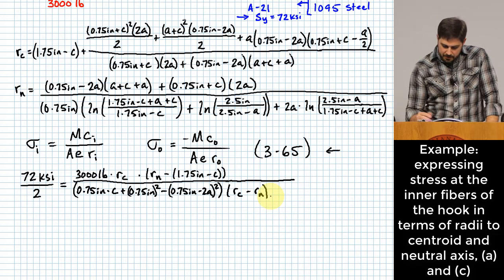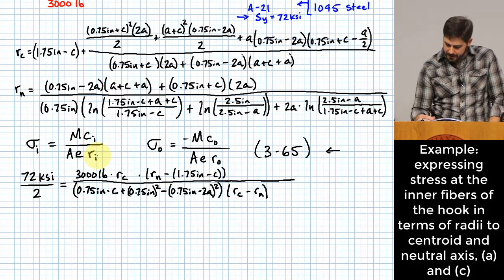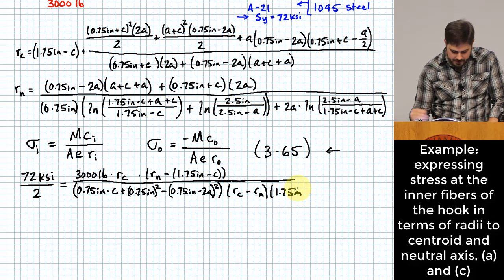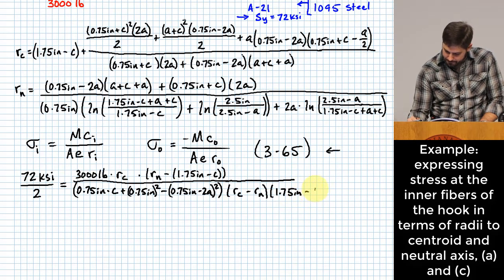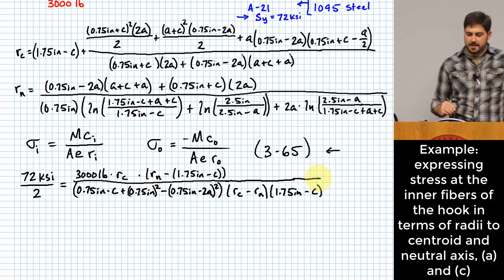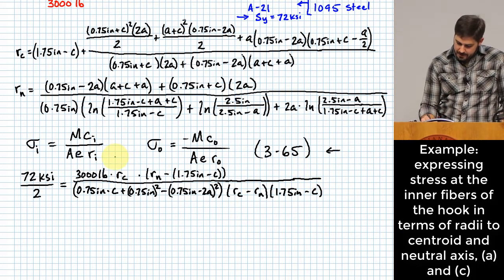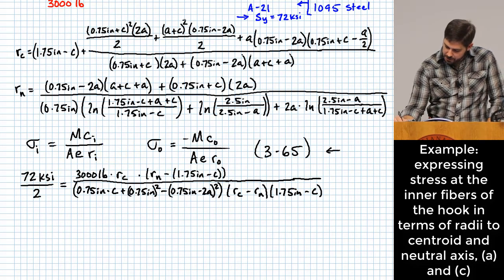Okay, and then lastly we have r sub I, and we've been dealing with that one already. What is it? 1.75 inches minus c. Okay, so what we just wrote down up here, this is just for flexural.